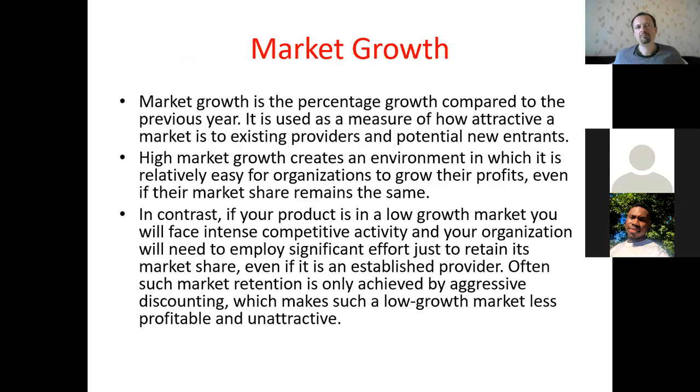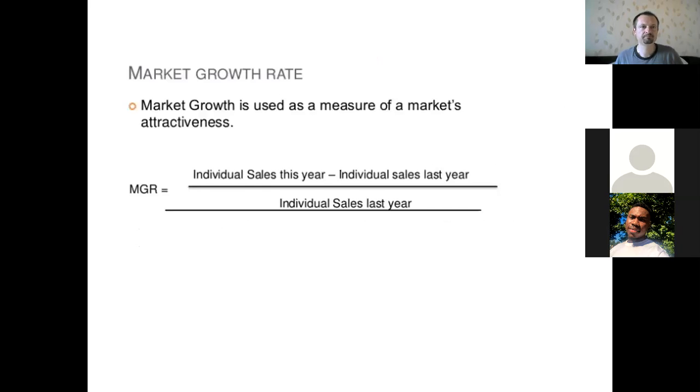The second dimension of this matrix is market growth. By evaluating market growth, we are trying to evaluate our future sales. So if the market is growing, and if it is growing at a rather big rate, it means that in future it is possible for our company to sell a bigger volume of our products.